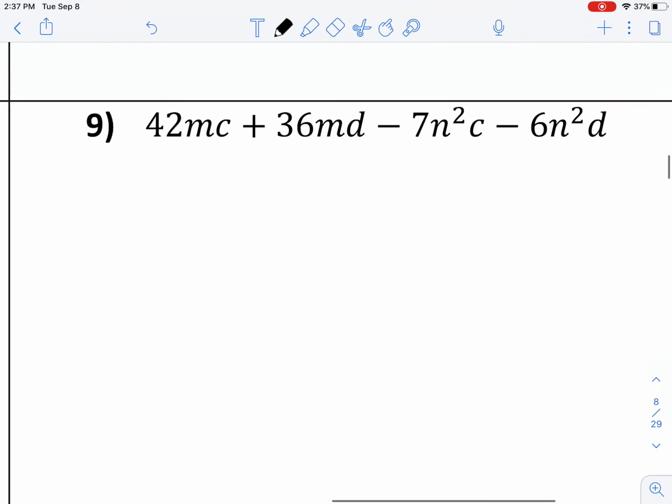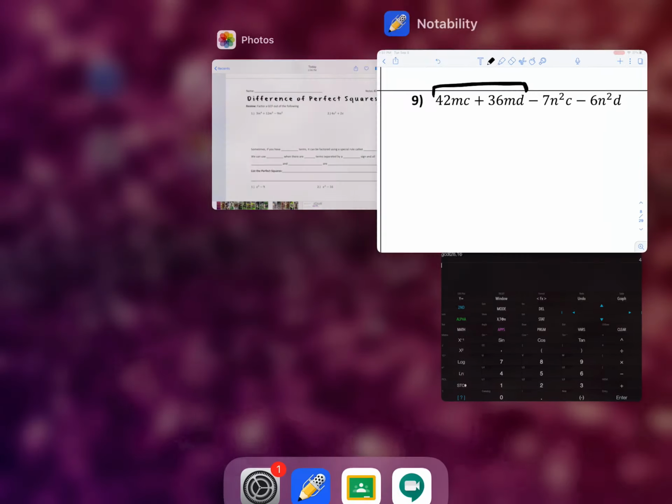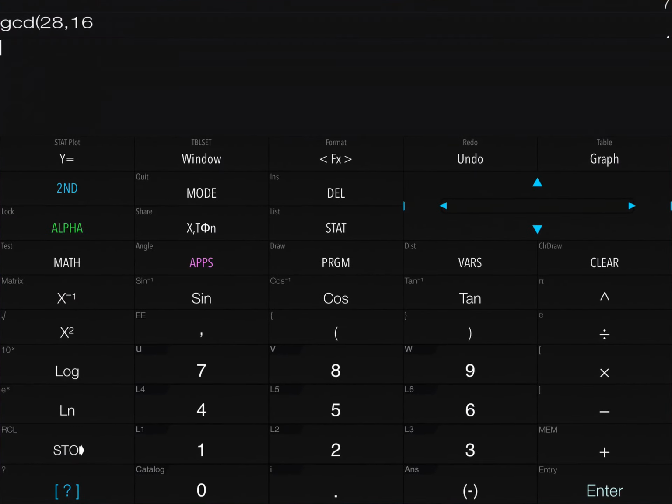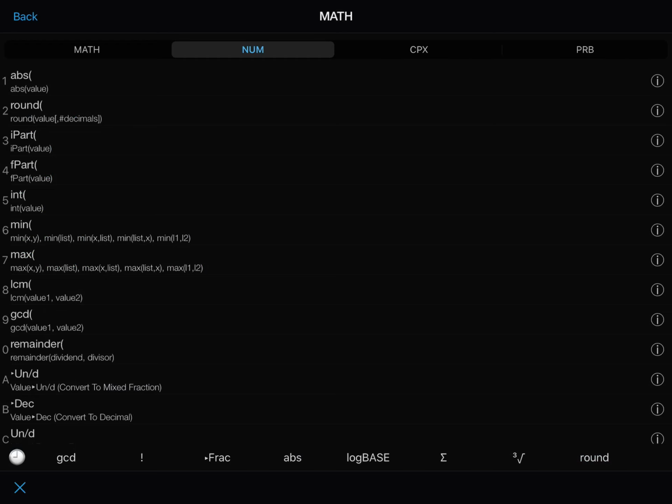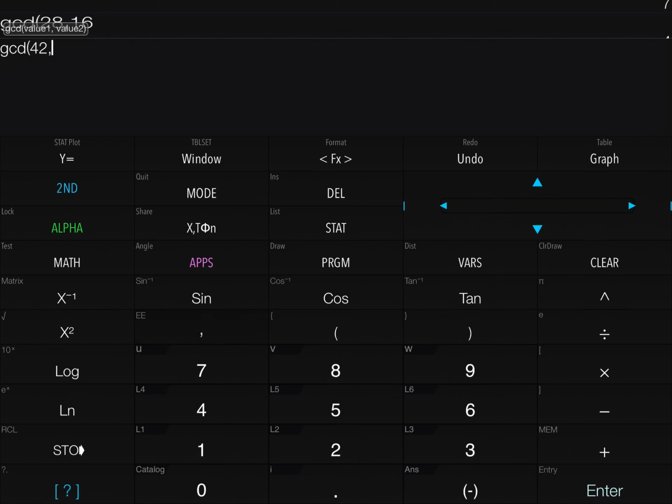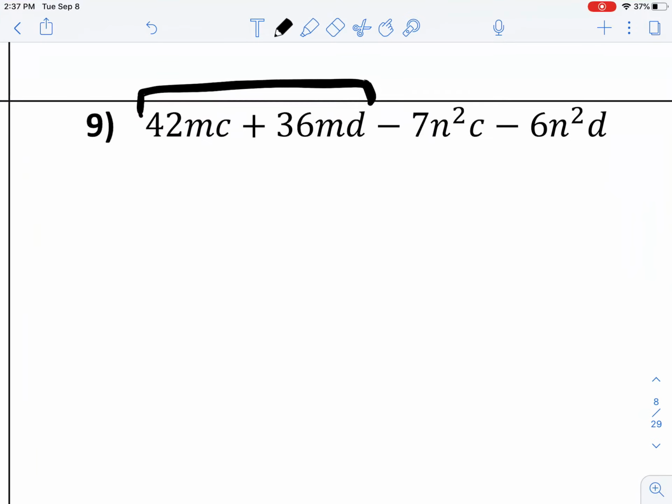Number 9, we've got 2 letters going on here. So just remember, the letters have to be in both terms in order for it to be in the GCF. So group 1, I've got 42 and 36. So math num 9, 42 comma 36, I get 6. So the 6 is going in my GCF.